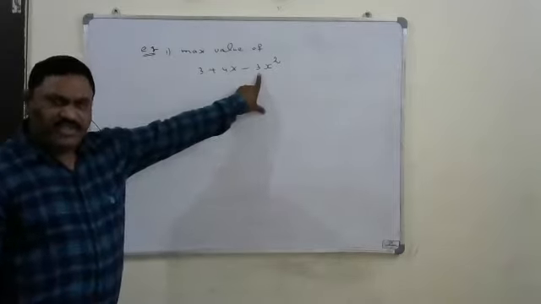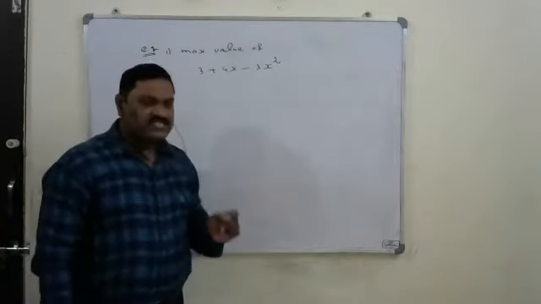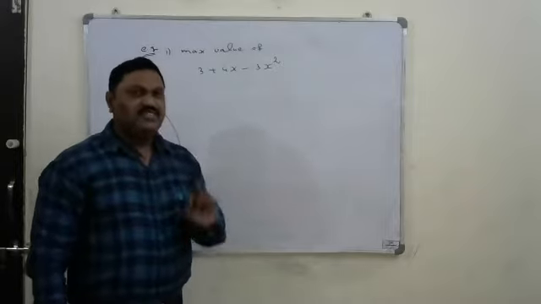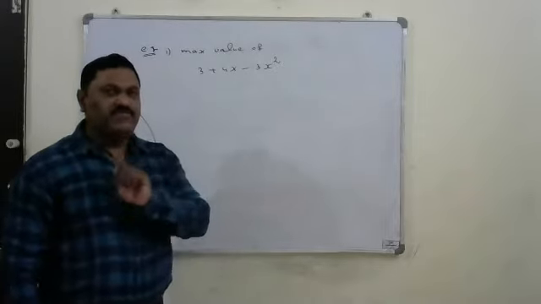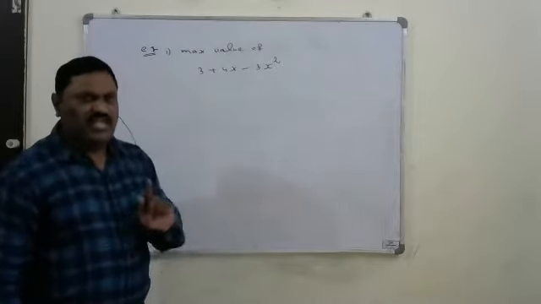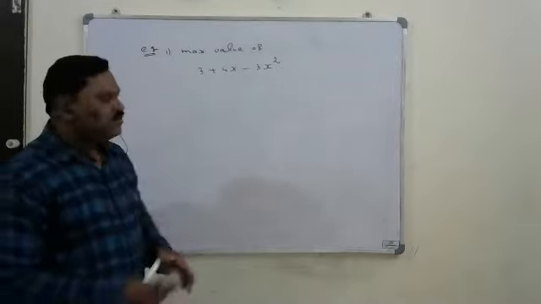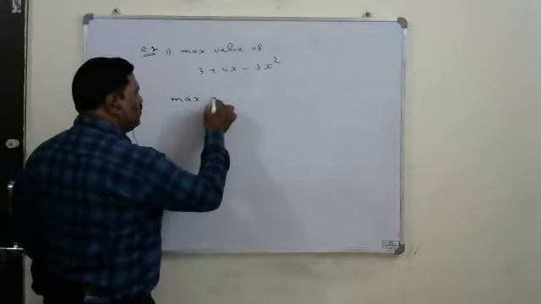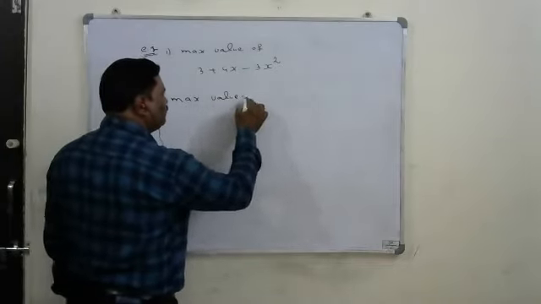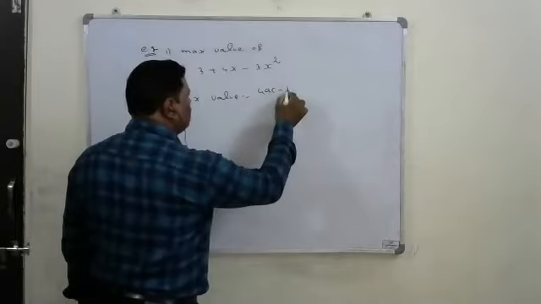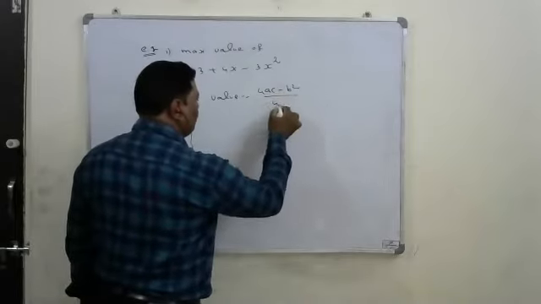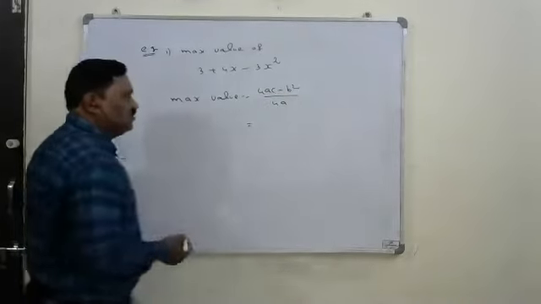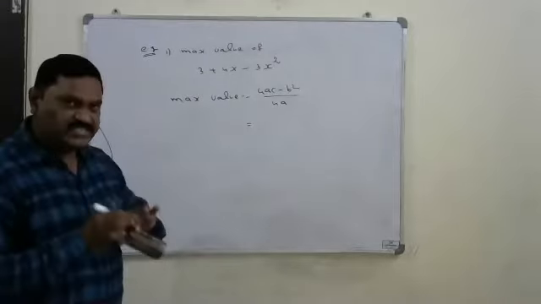So we know that when the coefficient of x square has a negative sign, that expression will have a maximum value. So what is that maximum value? What is the formula for the maximum value? (4ac minus b square) upon 4a. That is the maximum value.